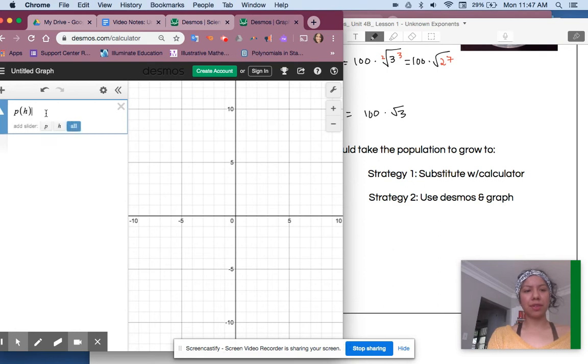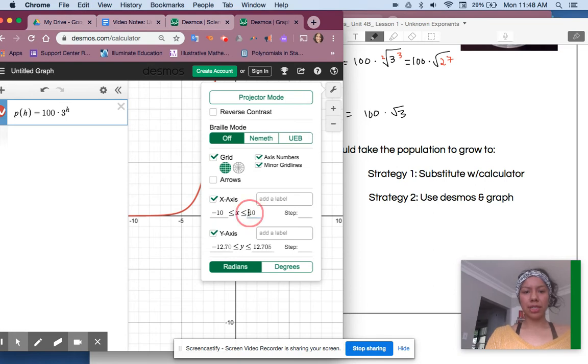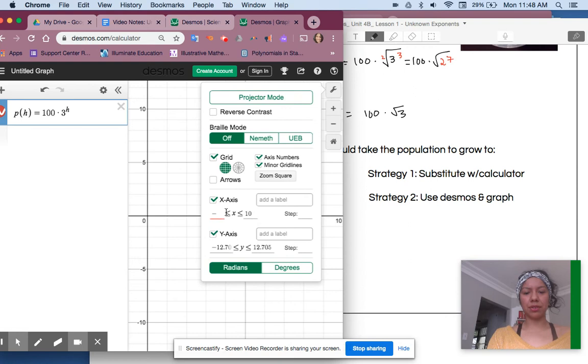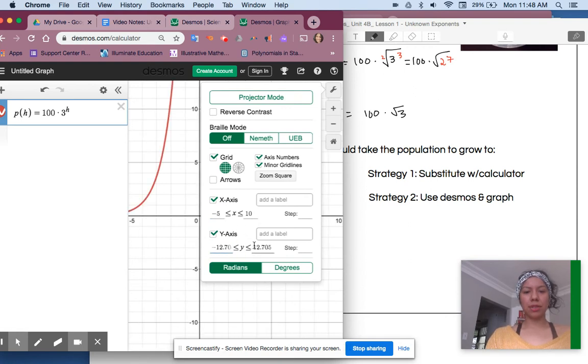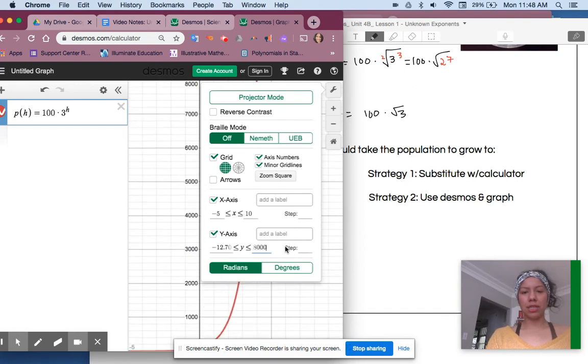You're going to write P of H, you always write your original equation, 100 times 3 raised to the H power. We're going to adjust the x-axis to be from -5 to 10, and then this one is going to go all the way to, let me think about this, maybe 8,000. And then this is fine.